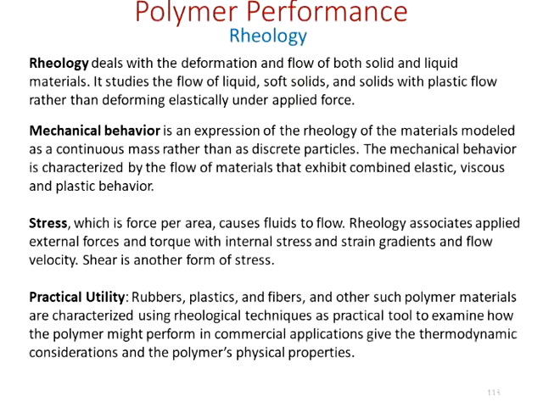So when we think about these rubbers, plastics, and other materials, we think about how they're characterized using these rheological techniques. And these are practical tools to examine how the polymer might perform in commercial applications, given the thermodynamic considerations that we've already discussed, and the polymer's physical properties. So thermodynamics of the polymer come into play because we know that thermodynamics favors making the polymer, so the polymer will really like to stay put together; we prefer not to revert to monomer.